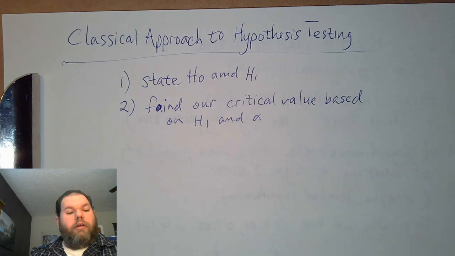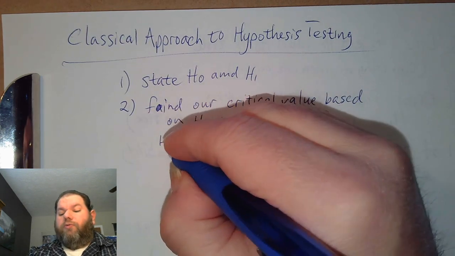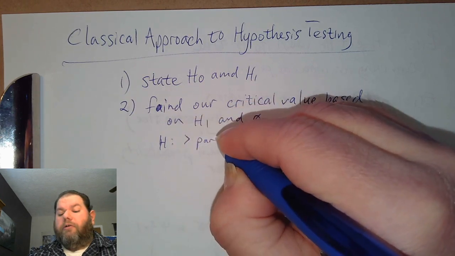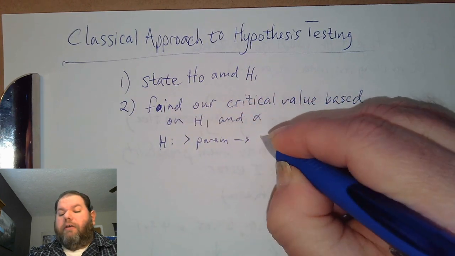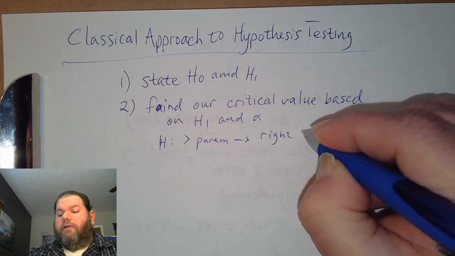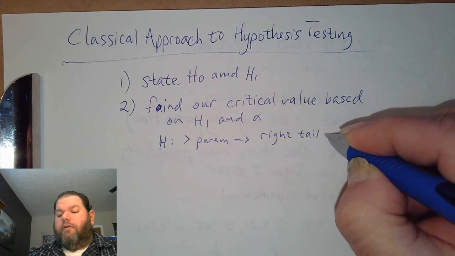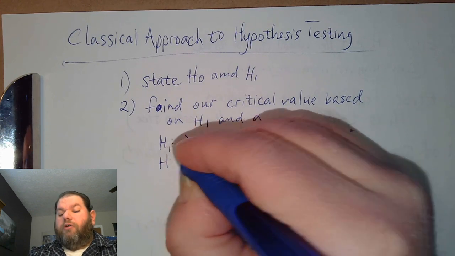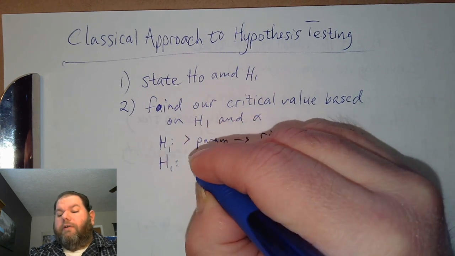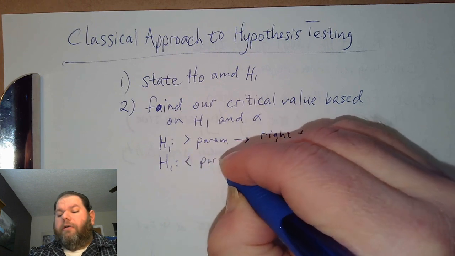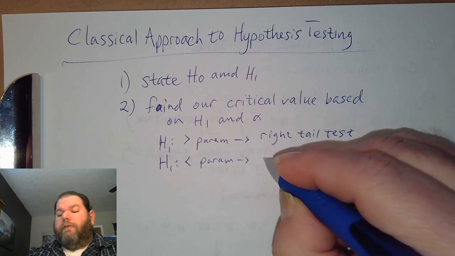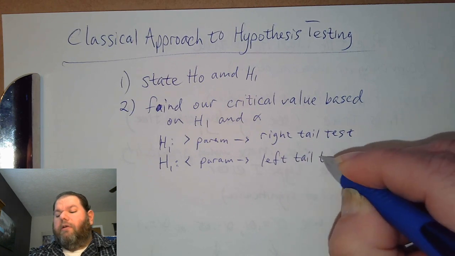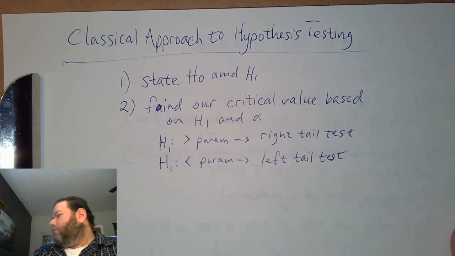Okay. So if H1 states that it's greater than the parameter, we call this a right-tailed test. And if H1 is less than the parameter, this is a left-tailed test. Okay.